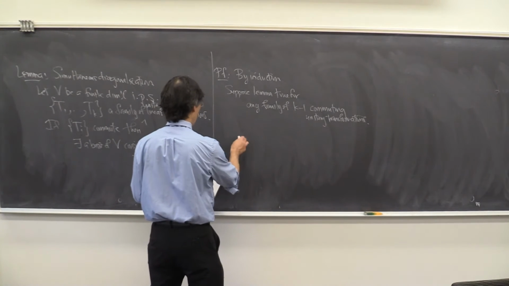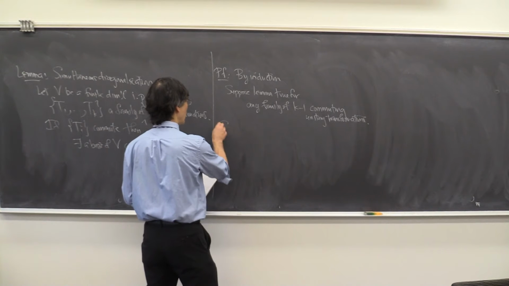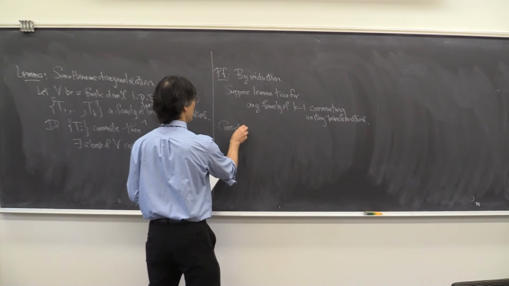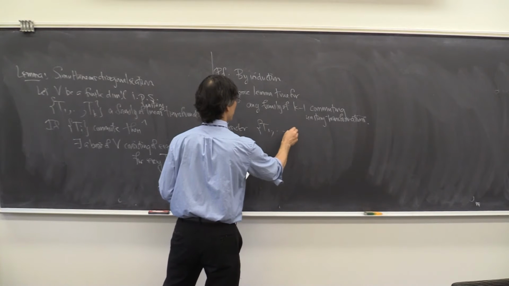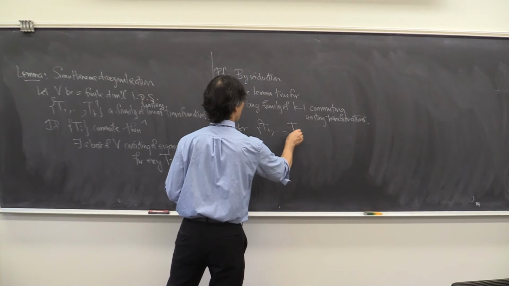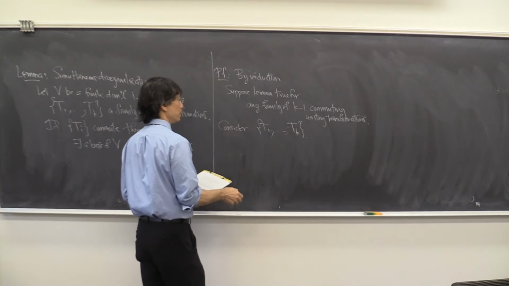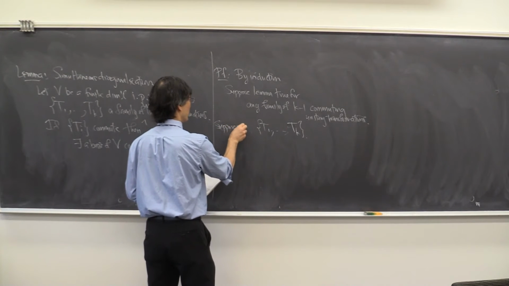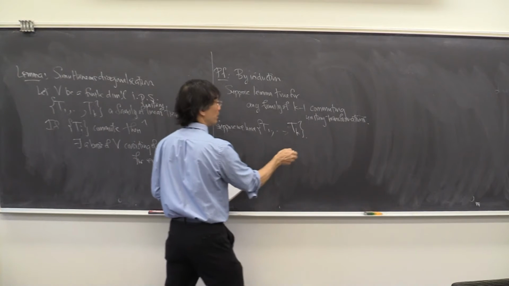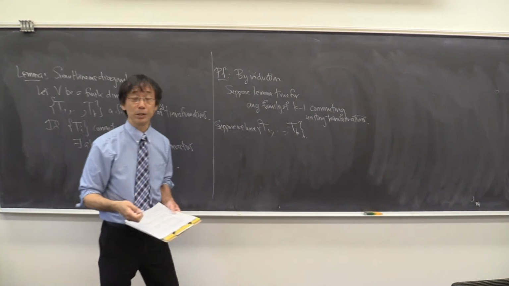Okay. So now suppose we have some family, T1 through Tk. Right. So suppose we have a family of k such transformations.